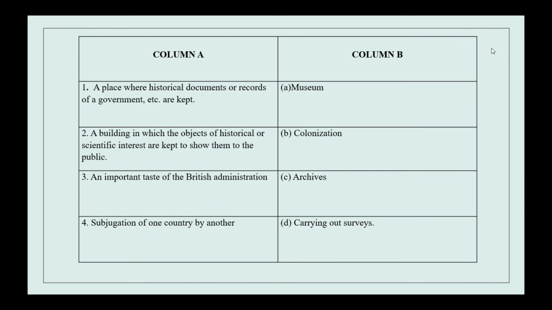Which one will come? Carrying out surveys. Then subjugation of one country by another. Of course, colonization. Why? Subjugation, dominating of one country by another, colonization. Okay. So, these are the answers for match.